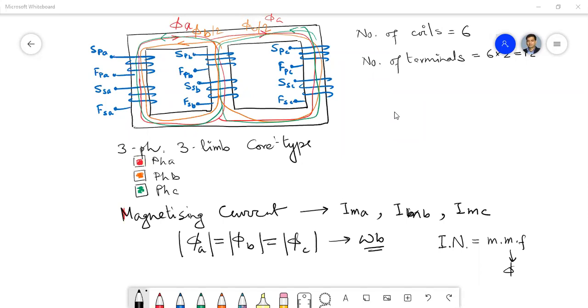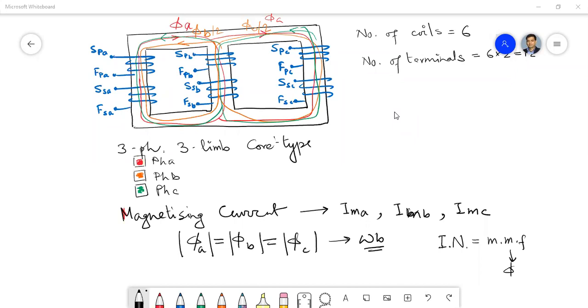Now the same is valid for C phase also. When C phase is producing some flux, it is flowing through the nearest limb, that is the B phase limb. Not only that, it is also flowing through the furthest limb, that is the limb allocated for phase A. But this is not the case for phase B. For phase B, both the limbs are at the same distance.